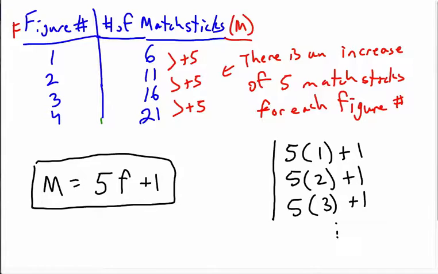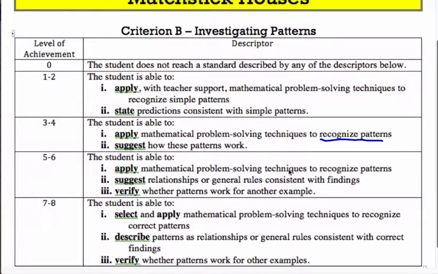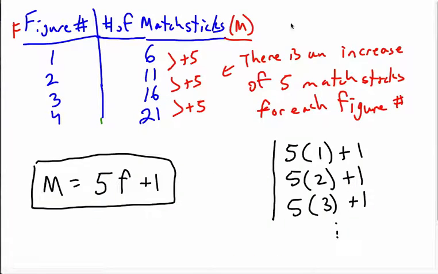And let's take a look at our rubric now. We've applied mathematical problem-solving techniques to recognize patterns. That's from our table. And we suggested a general rule consisting of findings. So we're up to at least a 5. Now we have to verify that this works for another example. Okay, verify it works for another example. So I'm going to predict, maybe I'll redraw this entire chart.